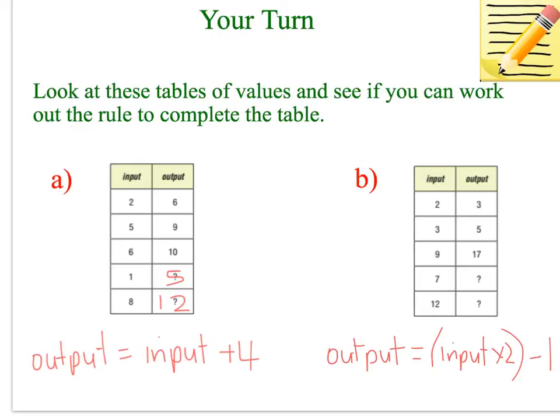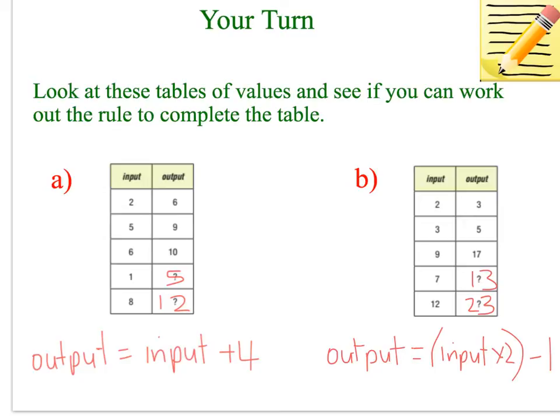Okay, so let's have a go at this. 2 times 2 is 4, minus 1 is 3. 3 times 2 is 6, minus 1 is 5. 9 times 2 is 18, minus 1 is 17. So we can see that that rule is working. So therefore, the next answer would be 7 times 2 is 14, minus 1 is 13. 12 times 2, 24, minus 1 is 23.